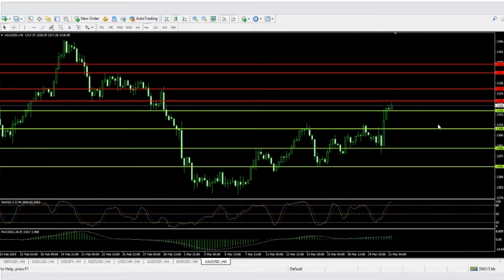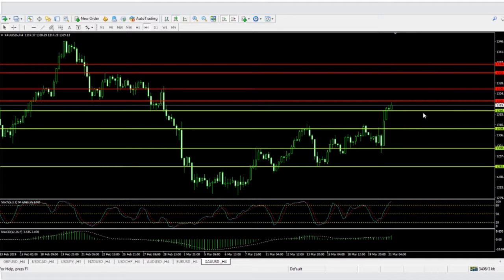So as for resistance, we have our first resistance level that has not been tested yet at 1320.90, with the second resistance at 1326, the third resistance at 1332.90, and the last resistance at 1336.60.